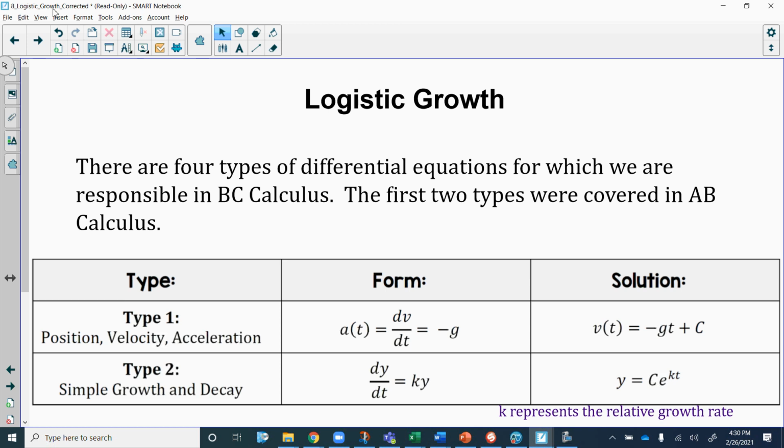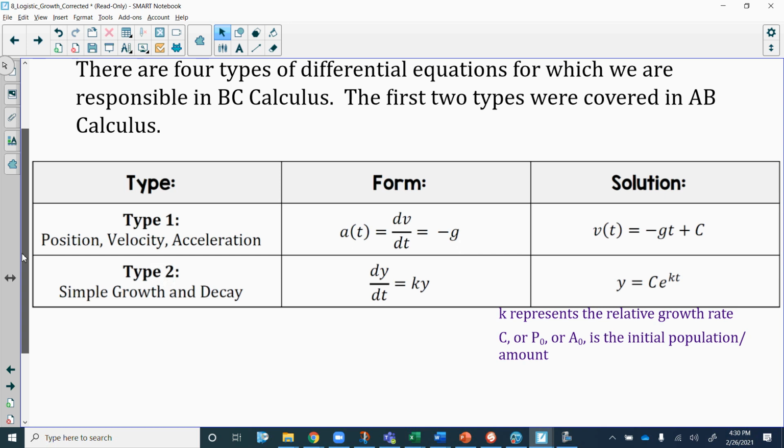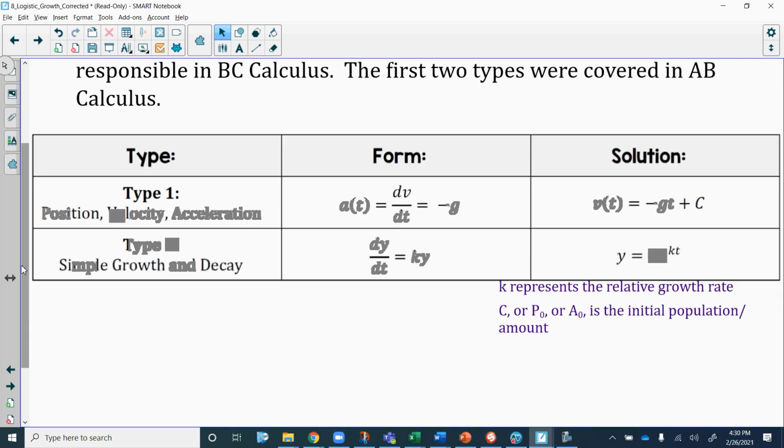Here, it's telling you that there are four basic differential equations that you need to be able to understand. The first one is position, velocity, and acceleration, which we cover early on in AB calculus, where the acceleration function is the derivative of the velocity, and therefore it shows us the acceleration due to gravity.